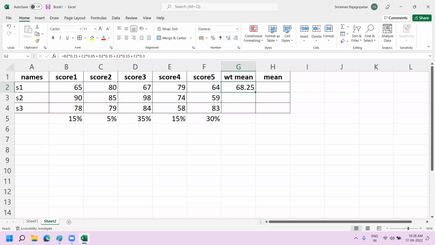So 68.25. So you can drag and drop to get the remaining values. So for the second student, it is 80.85. Third one, 78.65.